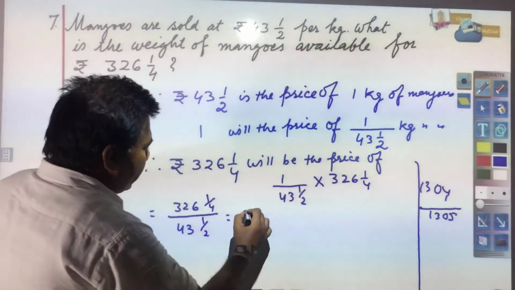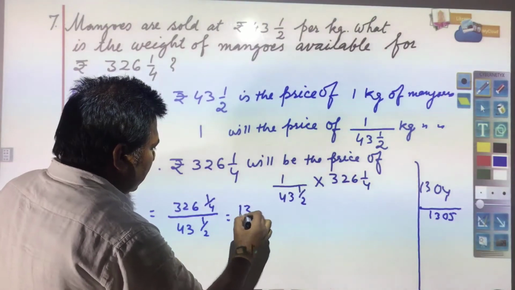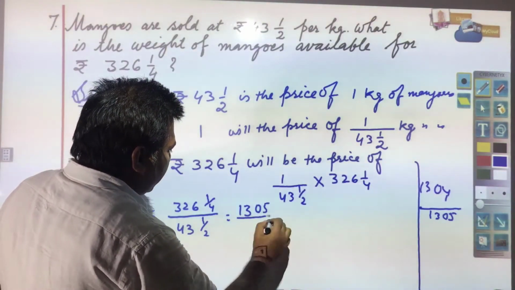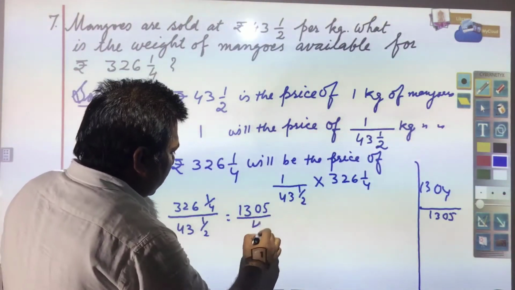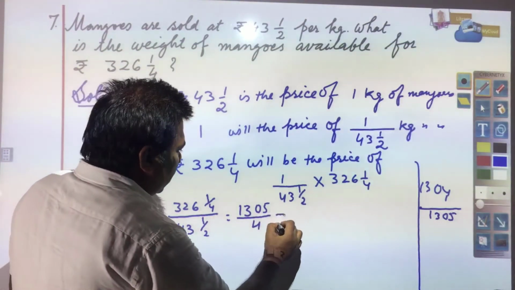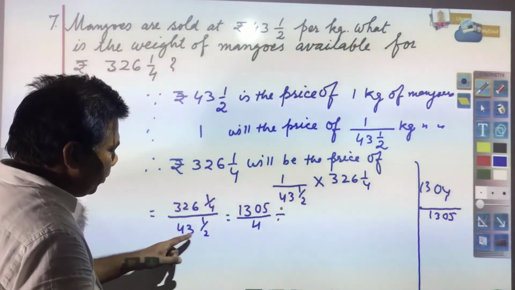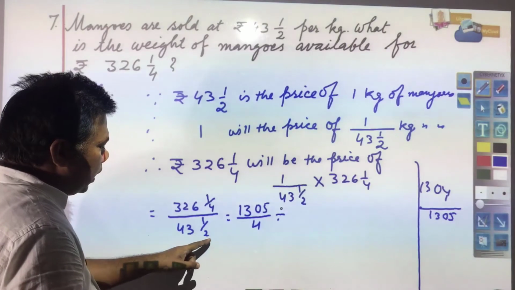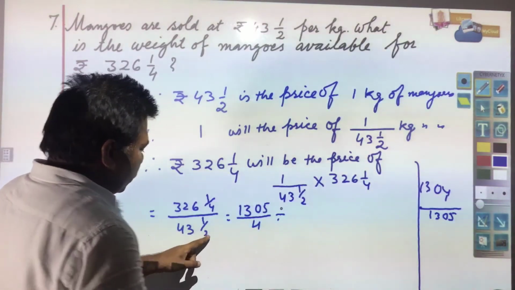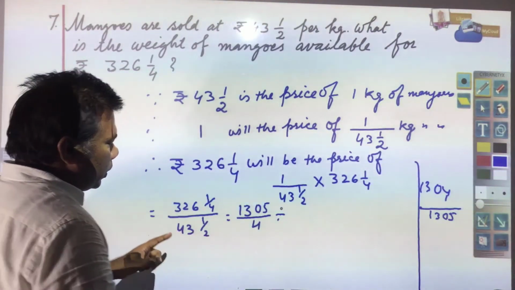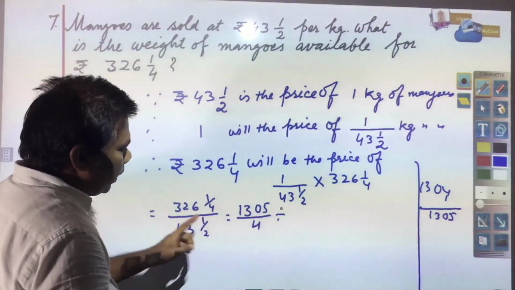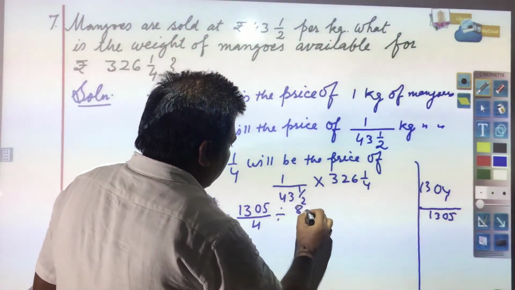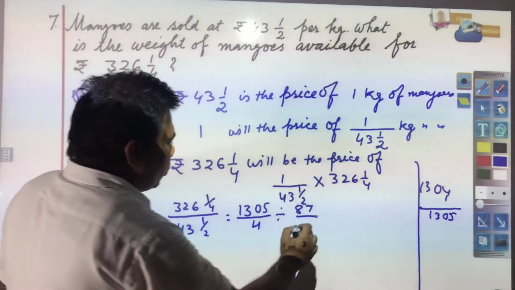So you will have 1305 divided by 4, and divided by this: you multiply 2 threes are 6 and 2 fours are 8. So 86 plus 1, this will be 87 divided by 2.